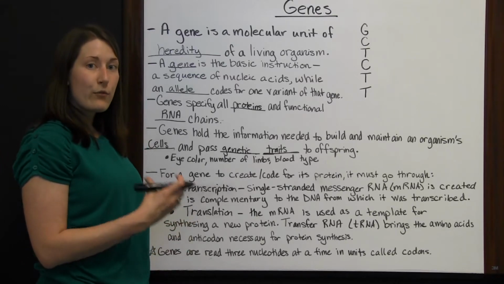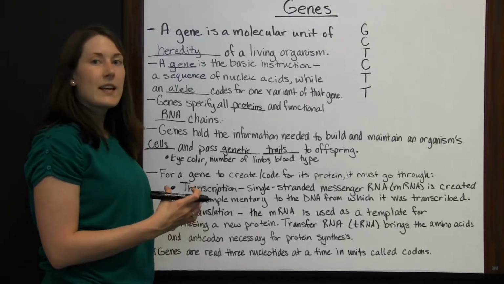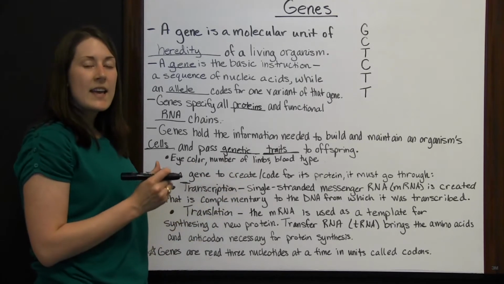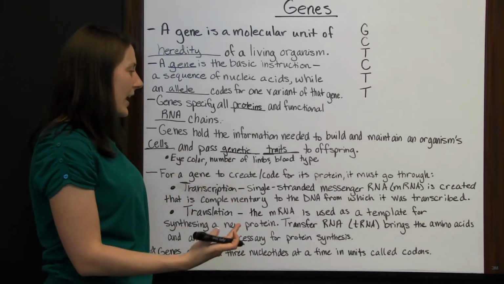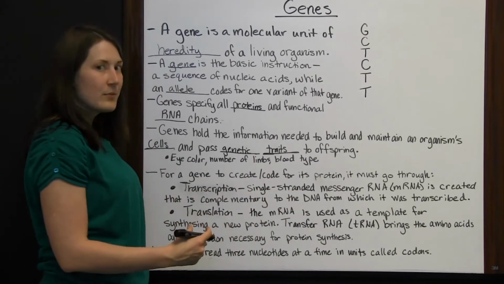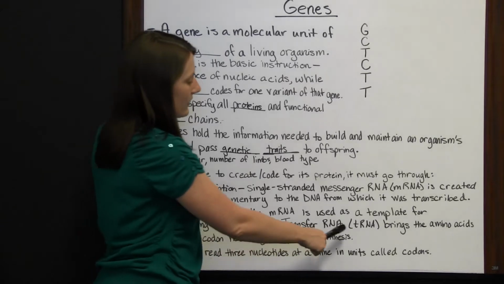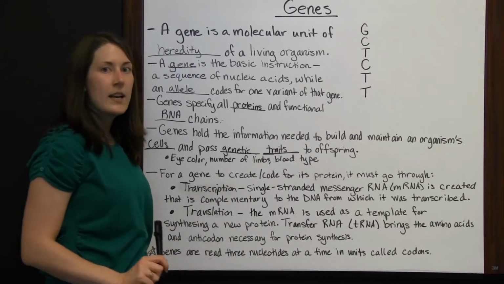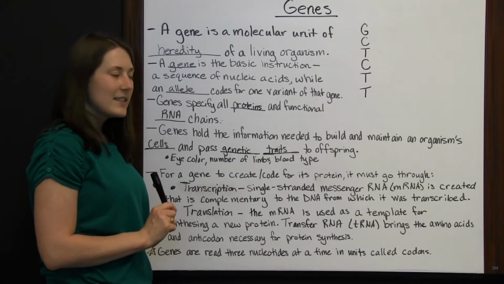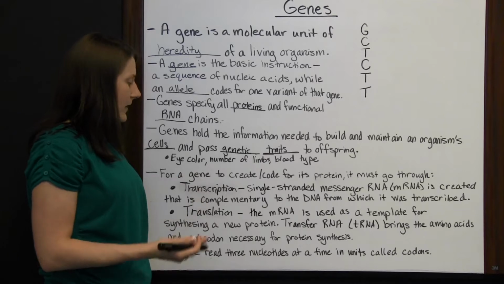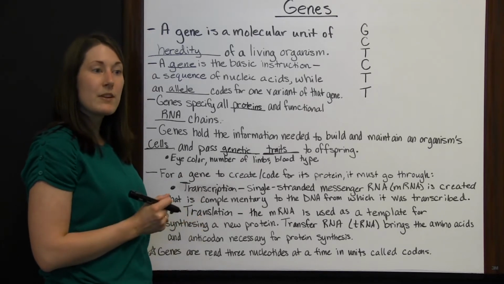So you look at the 3 nucleotides that are coding for this one protein, and they're going to be transcribed onto messenger RNA, which is going to travel elsewhere in the cell, and transfer RNA is going to bring the amino acids and the anticodon that match up with that set of 3, with that codon, and let the protein be created.